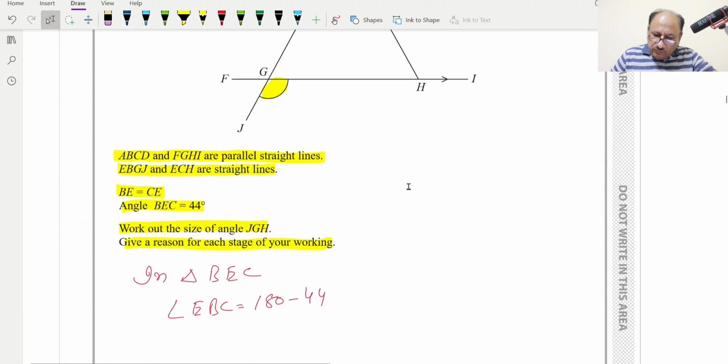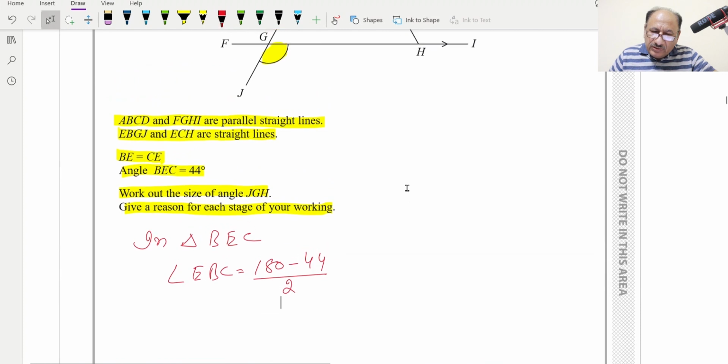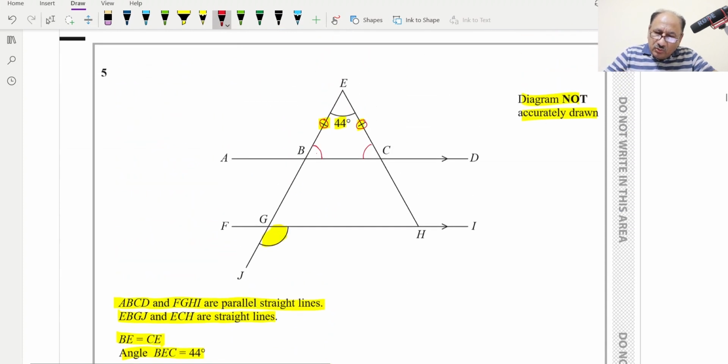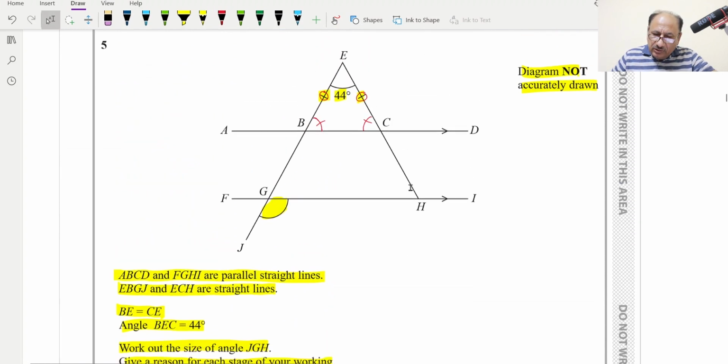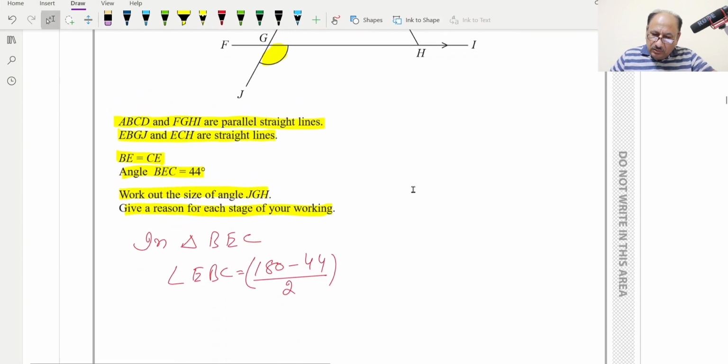It's 44, yes. 180 minus 44 divided by 2, because it will be dividing into two equal angles, B and C. And we can write here it's an isosceles triangle, so both angles B and C will be equal.